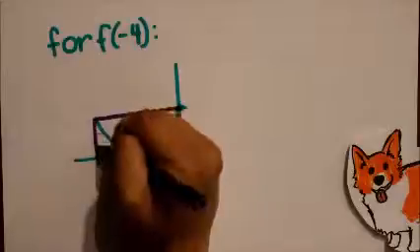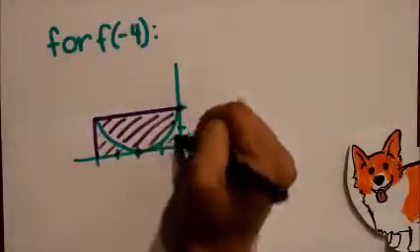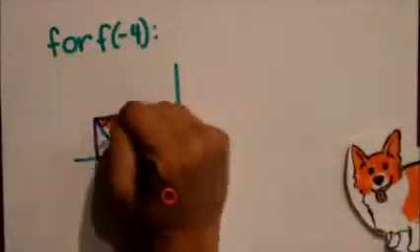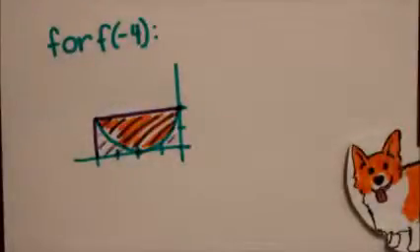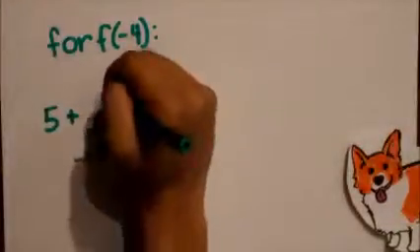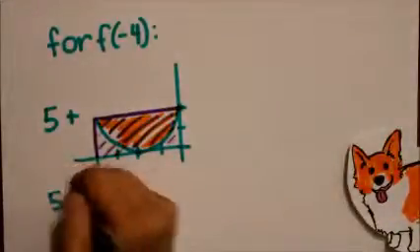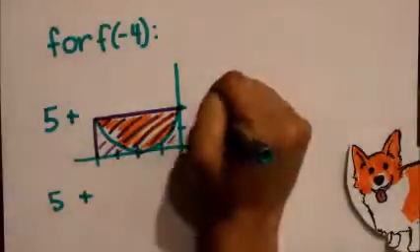The radius is 2, so 2 squared times pi equals 4 pi over 2, which equals 2 pi. Therefore, f of -4 equals 5 minus, because the integral was negative, parentheses, 8 minus 2 pi. That equals 2 pi minus 3.